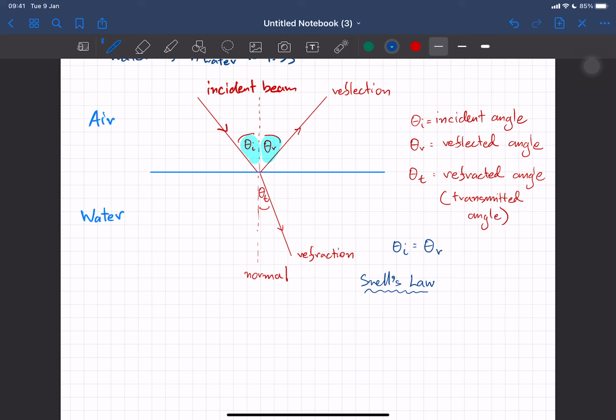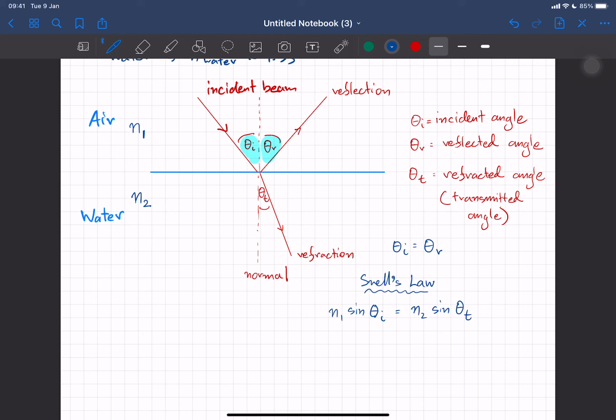It says that if we have the first medium characterized by index of refraction n1, and then we have the light entering the other medium, which is characterized by n2, the refractive index, we're going to have n1 times sine of theta incident, theta I, or you can call it theta 1 if you want, equal to n2 times sine of theta 2 or theta t, like this.